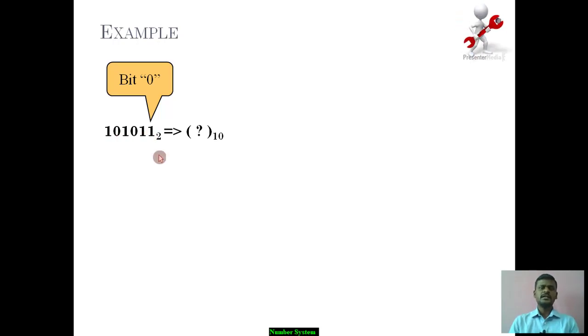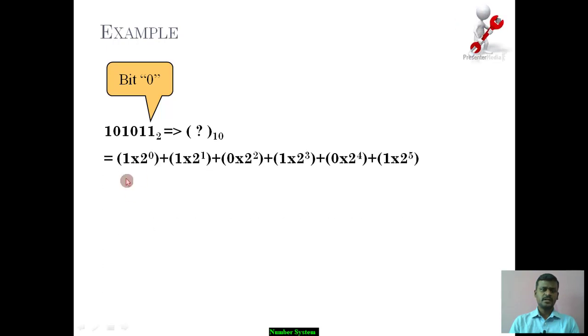So we can write the equation like, for example, 1 into 2 raised to 0 plus 1 into 2 raised to 1 because it is in the first position, plus 0 into 2 raised to 2 because it is in the second position, plus 1 multiplied by 2 raised to 3, 0 multiplied by 2 raised to 4, then 1 multiplied by 2 raised to 5.